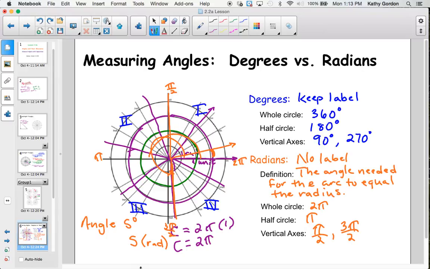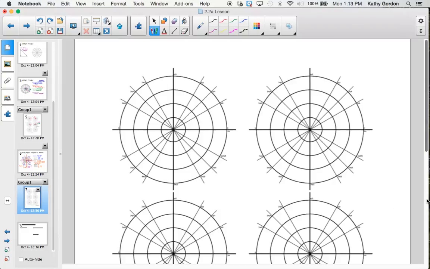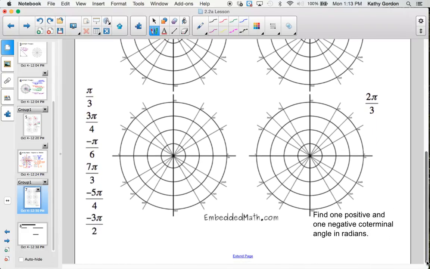Okay, so last but not least, actually, this is not quite last but not least, but it's close. I want you to take a minute. I want you to write these 6 radian measures on the side of your paper.